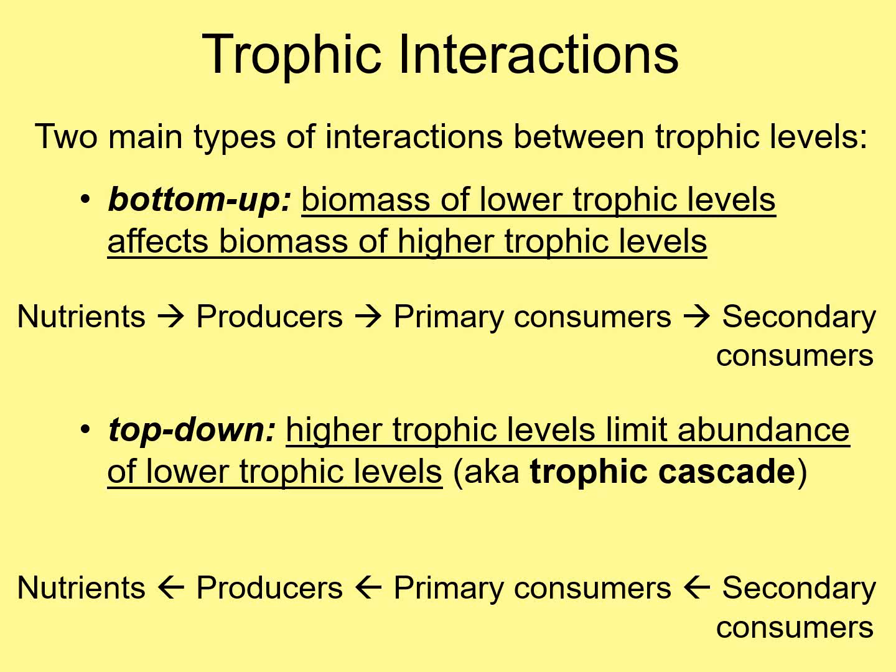And in reality, both of these things are happening at the same time, right? So if I get an increase in nutrient input because of upwelling, that's going to give me more primary productivity. I'm going to have bigger populations of primary producers. That means I have larger populations of primary consumers. I can support larger populations of secondary consumers. However, if I have a lot of primary consumers, the word might get out that there's a lot of food over here.